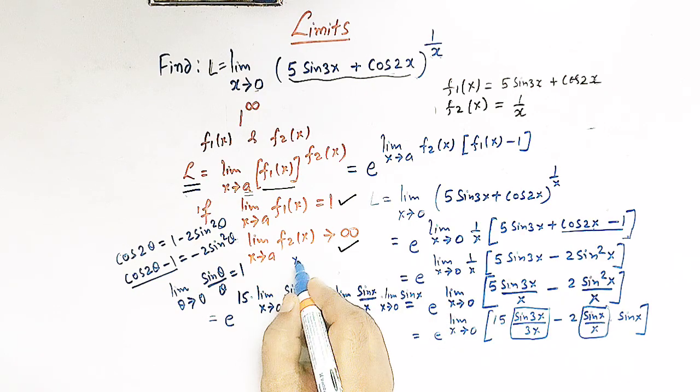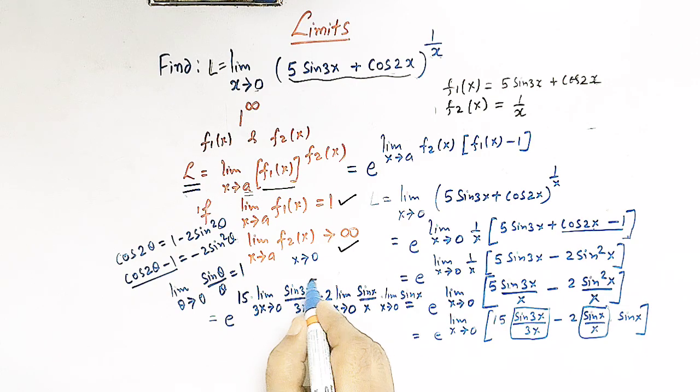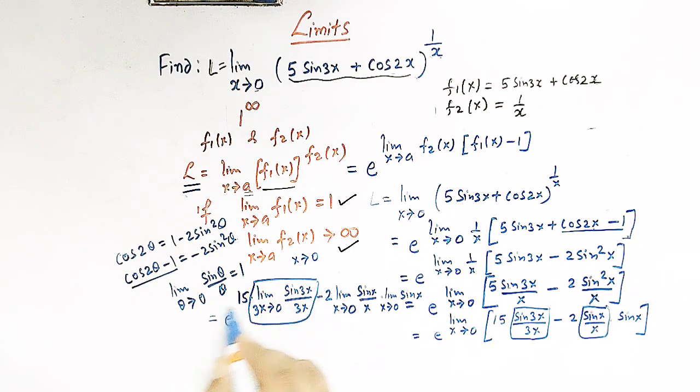When x tends to 0, then 3x tends to 0, so this limit is equal to 1 due to this result: the limit as theta tends to 0 of sin theta over theta is equal to 1.